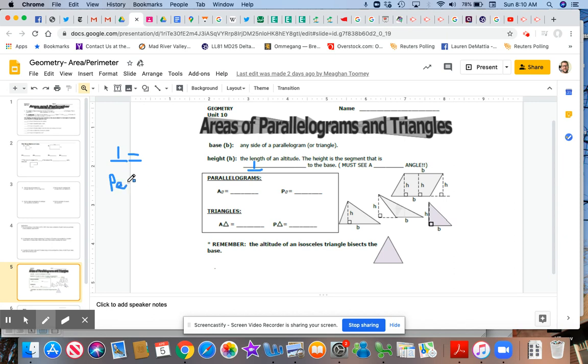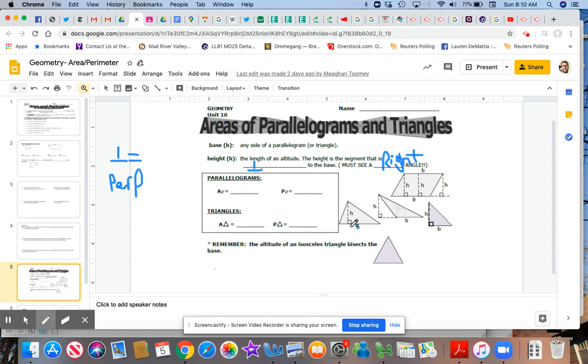I'm just going to put perp. You should all know what perpendicular means, right? So it must be a right angle. Perpendicular means this. So it has to be perpendicular.